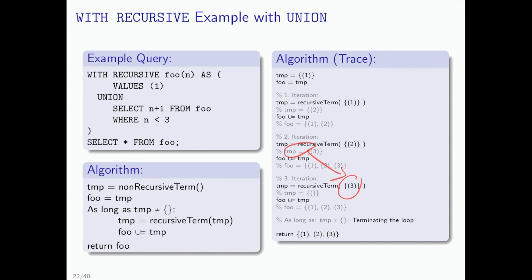Well, 3 is not strictly smaller than 3, so it doesn't qualify. So no tuple is produced, and the result of this is the empty set. Nothing is appended, or the empty set is appended if you want, but the loop terminates as this condition breaks, and the return is 1, 2, 3. Okay? Need some time to look at that.